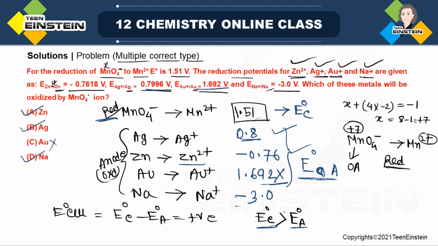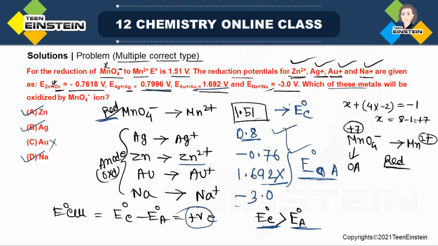You just have to check whether E0C is greater than E0A. But for that, you have to understand which system is actually acting as E0C, that is the cathode system, and which are the anode system. If it is clear, then you have to just check whether E0 for cathode system is greater than E0 for anode system, and if it is positive, then only the reaction will be spontaneous.